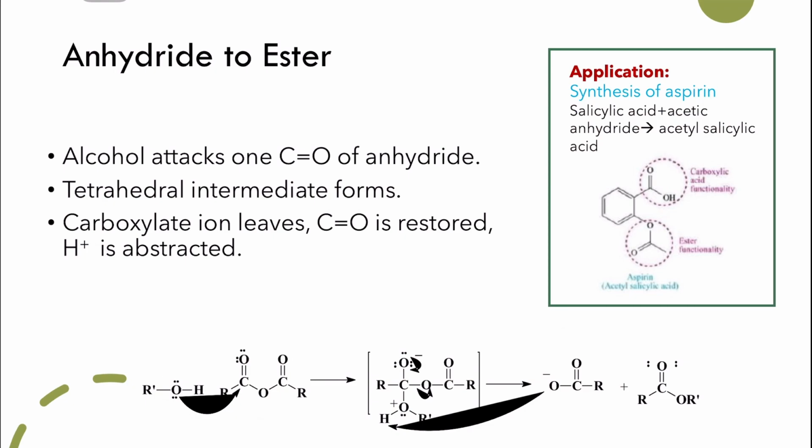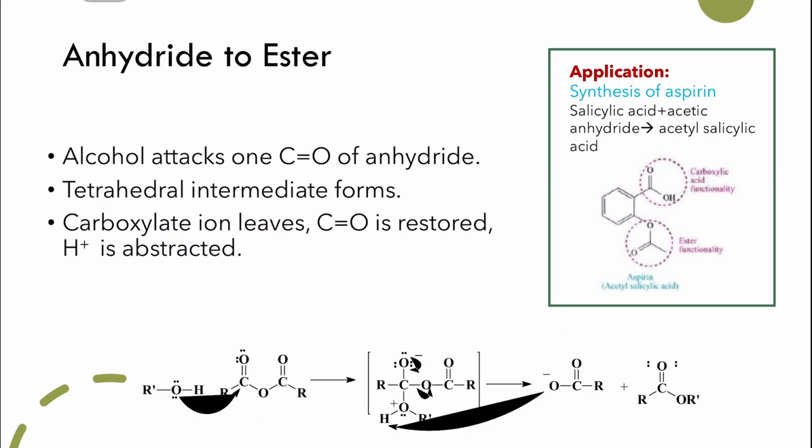So an anhydride can be converted to an ester. How would we do this? It's the exact same mechanism, but now the leaving group is going to be a carboxylate, and the nucleophile is going to be an alcohol, because the carboxylate is a better leaving group. It's less basic, so it's a better leaving group.